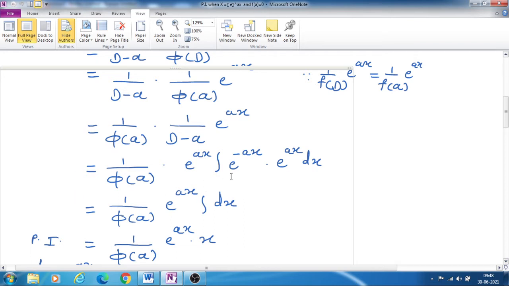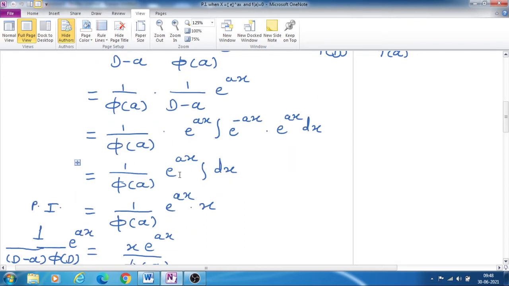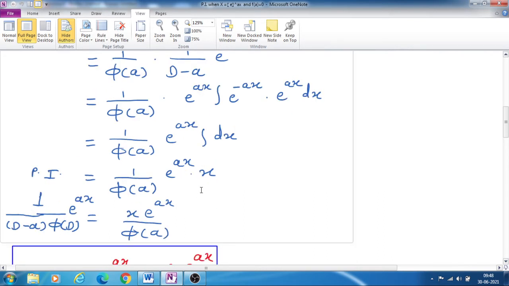So using this formula we get 1 upon phi(a), and this is e raised to ax, into integral e raised to minus ax into e raised to plus ax, it becomes e raised to 0, that means 1 dx. Therefore this is only integral dx is equal to x. So we get 1 upon phi(a) e raised to ax into x.